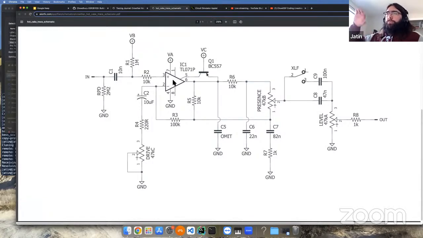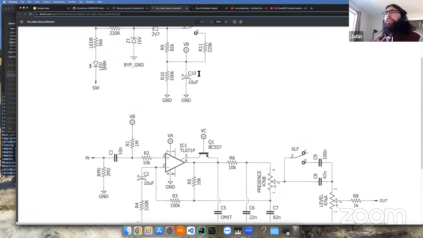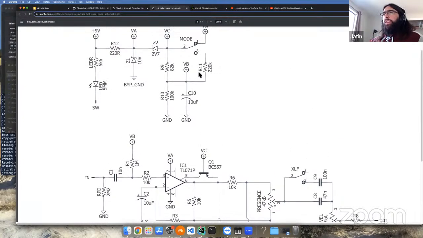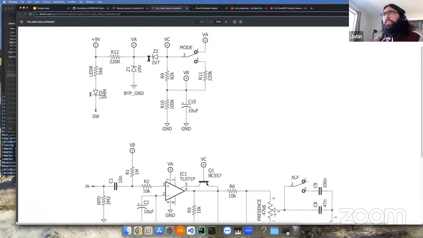So as the voltage approaches the positive rail, it gives it more of a soft clipping characteristic rather than the hard clipping you would usually get with a usual op amp. And so you get this weird behavior, but you also have this mode switch up here.